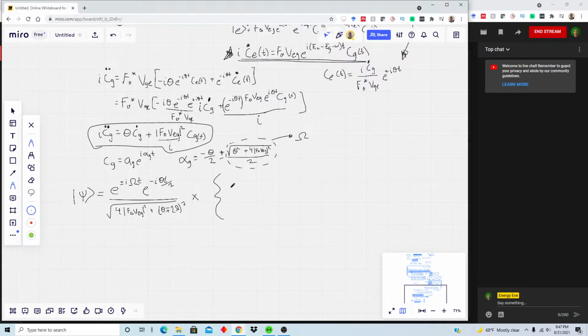And then here are the individual terms, for the ground state and for the excited state. The actual solution for this is going to depend on the initial boundary conditions.